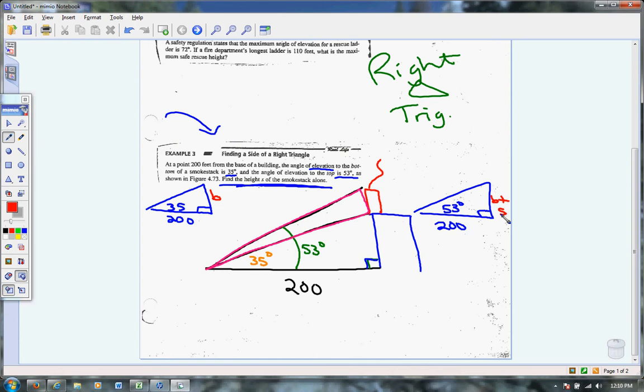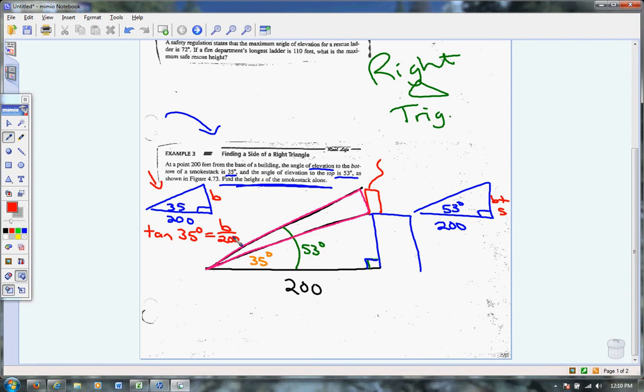So really, what I need to do is just solve both problems. We need to start with this one. You can see we're going to use tangent. The tangent of 35 degrees equals the height of the building over 200.